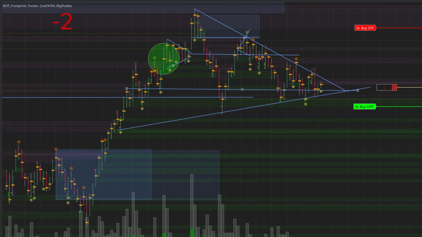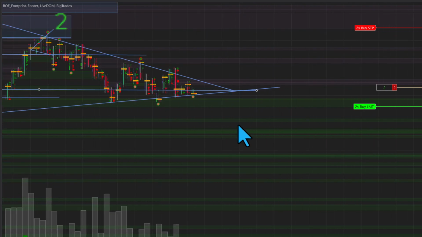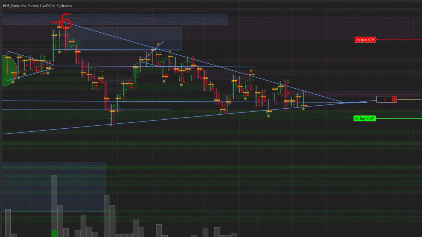So the price is just like, oh, I'm stuck. Those guys from up and those guys from down squeezing me. You see the candles become shorter and shorter. And now it's going to be a long candle. It's going to shoot up one way or another.